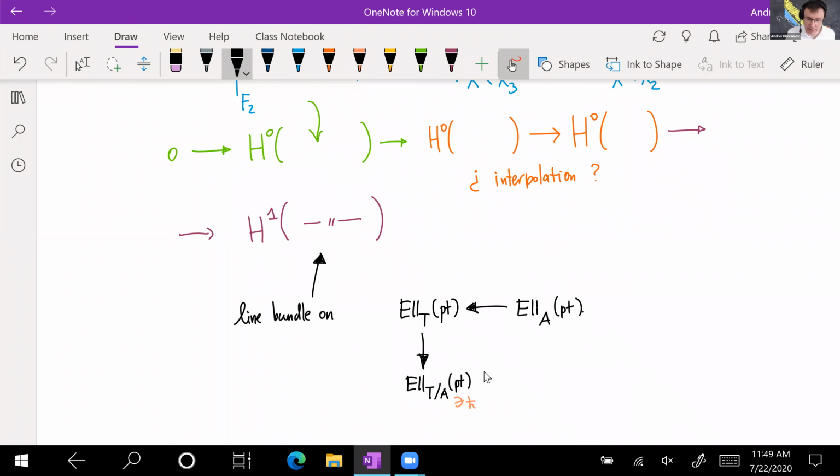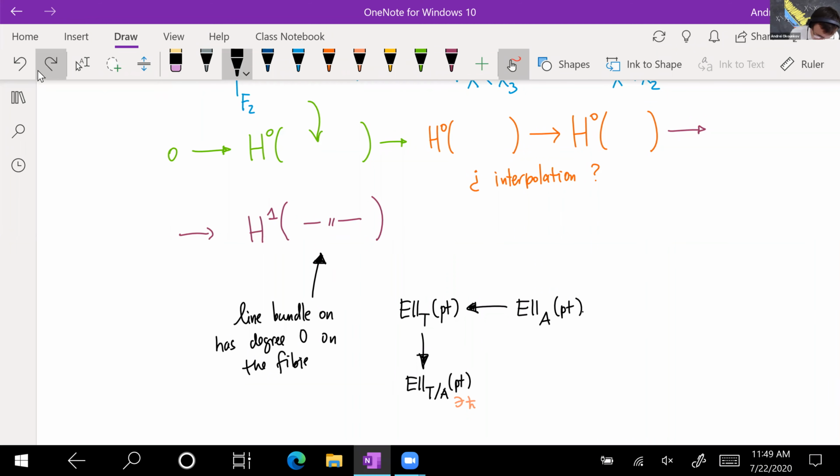So this fibration, which has degree 0, they set it up so it has degree 0 on fibers, because it has degree 0 in variables A.